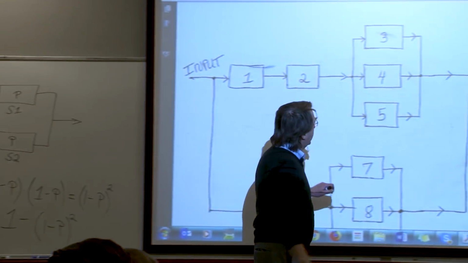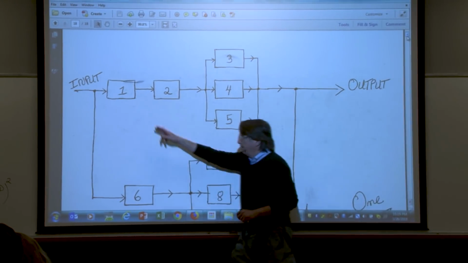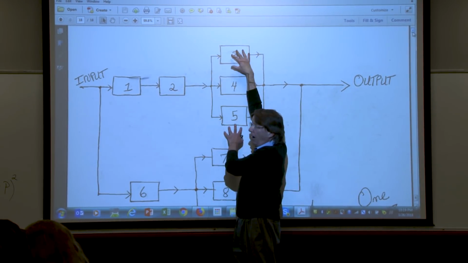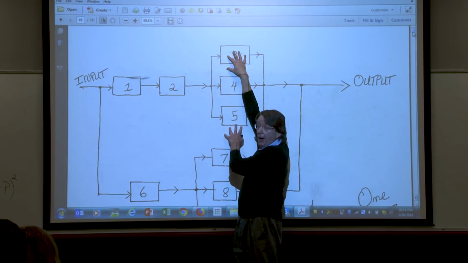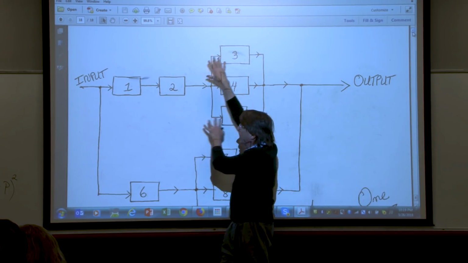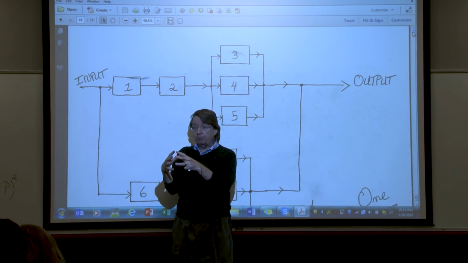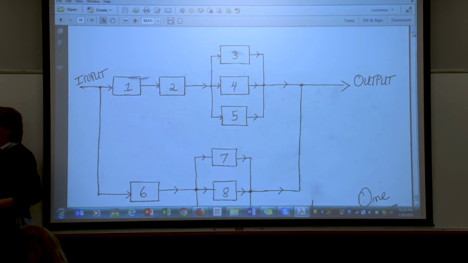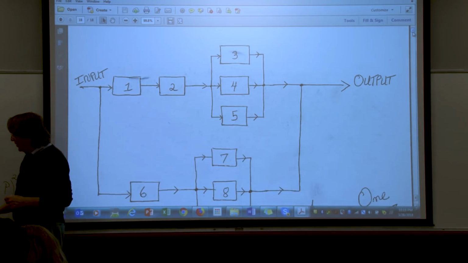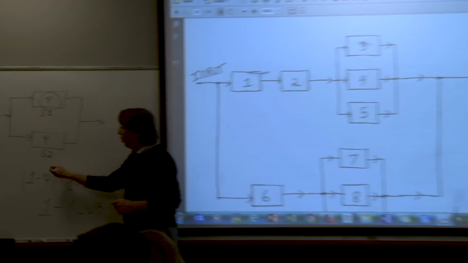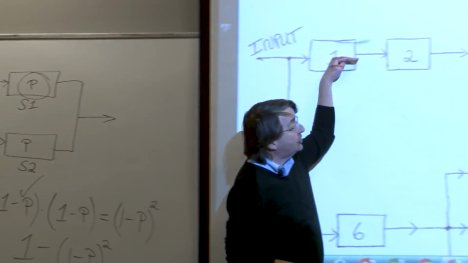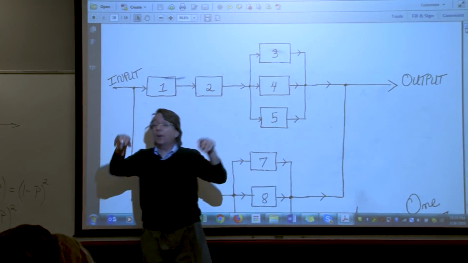So the path working is P times P times the probability of this working, which is 1 minus the quantity 1 minus P cubed. So now I have working, working, working, and I multiply them together. That's similar to what I had over here with P. Now I then say, what's the probability of that not working? 1 minus P. So I only get 1 minus the entire quantity of the upper path working.